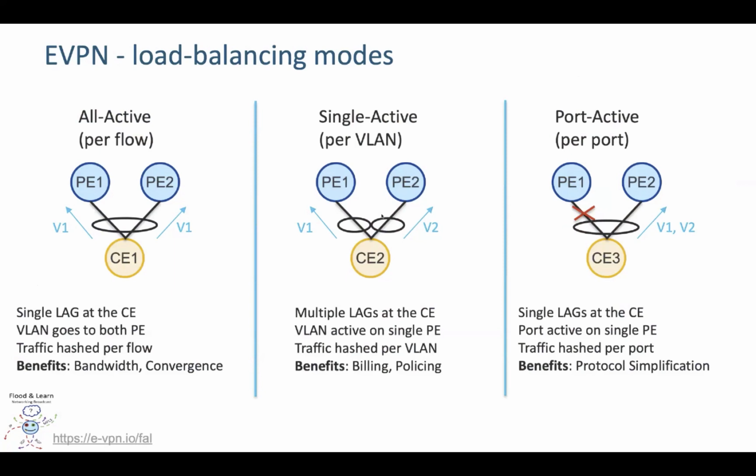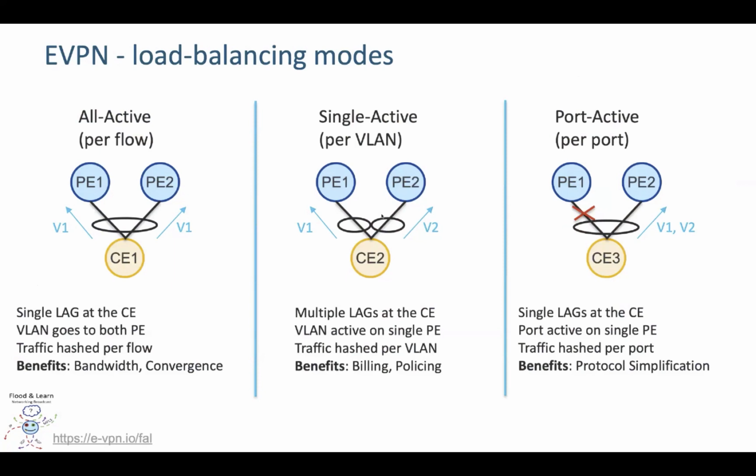But you don't have a transparent bundle configuration on the CE, so this is a very important change. Why use something like this? Customers use this mode when you need QoS on the PE, so you want to be sure that the traffic goes over just one PE.